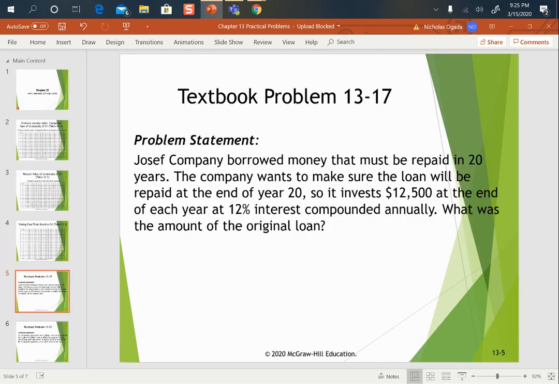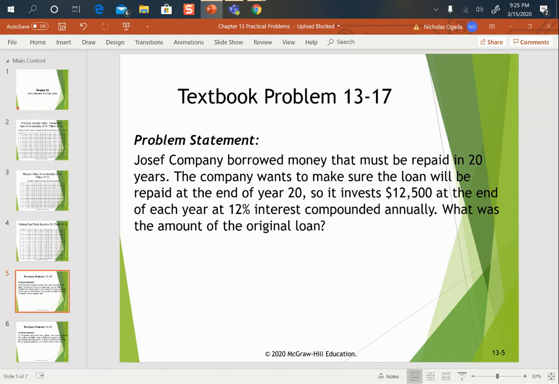So let's look at the first problem on how we apply this concept. In this case, you've been told Joseph Company borrowed money that must be repaid in 20 years. So money has been borrowed and the money has to be paid in 20 years. The company wants to make sure the loan will be repaid at the end of year 20.